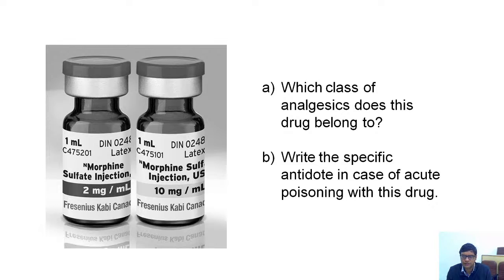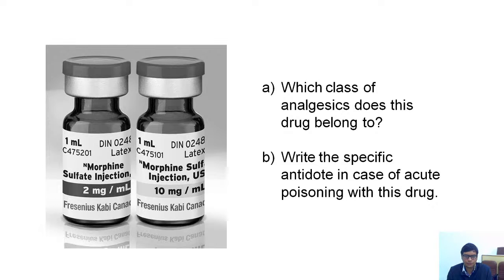Like in this, if you answer it's a central analgesic, which is partially true, but here it is expected that you write the class of these analgesics. So you are expected to write opioid analgesics, which is the correct answer.